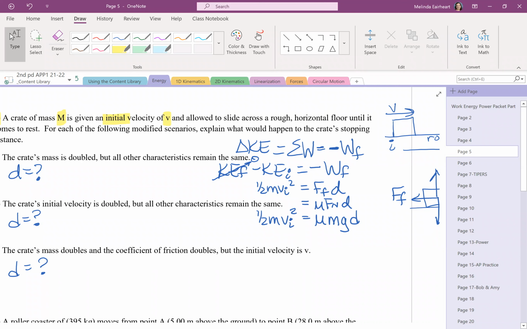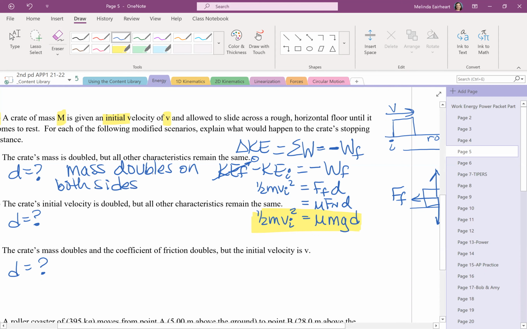Wait, mu mg would double as well. Wait a second. What happens to your mass? It's going to cancel. So kind of using this as our guide, mass doubles on both sides. Doubles on both sides. In other words, it's going to cancel. And so it'd be the same stopping distance.